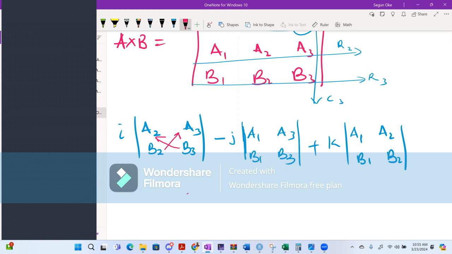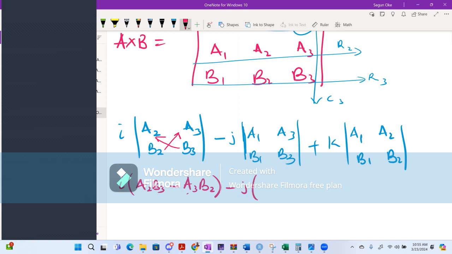So my I will be A2, B3. Can you see it? Minus A3, B2.